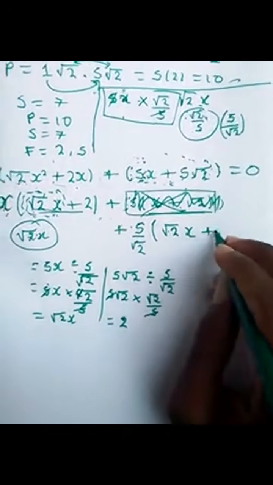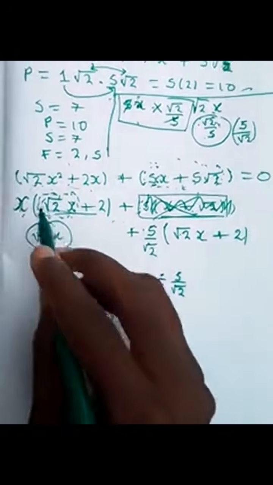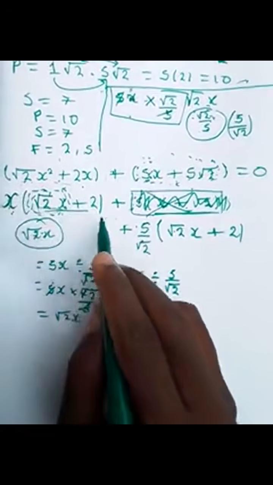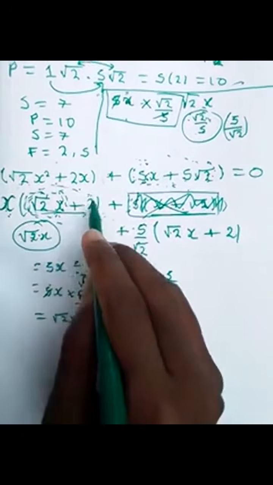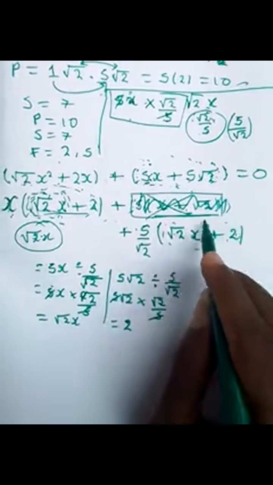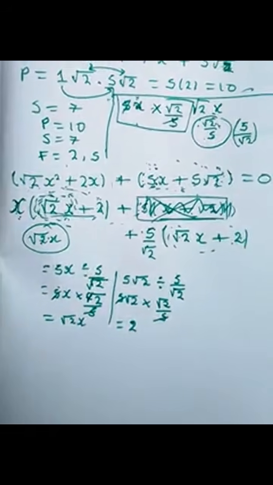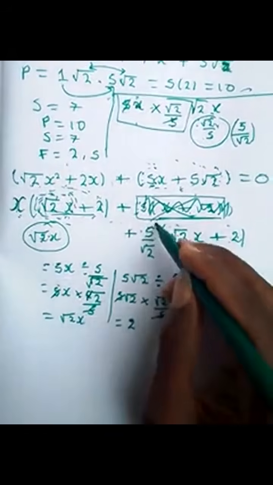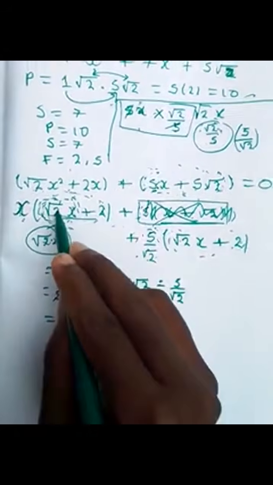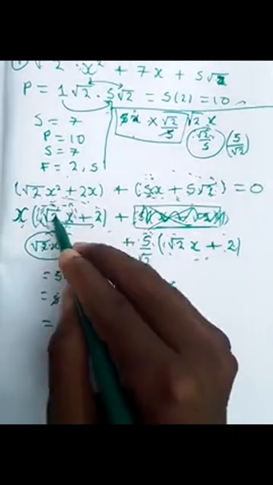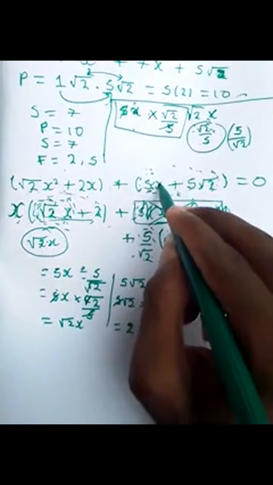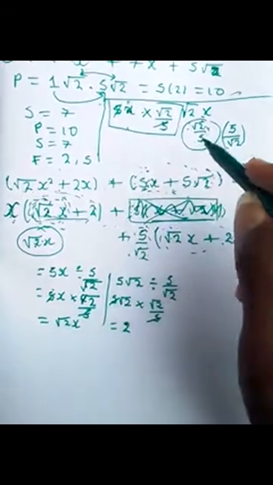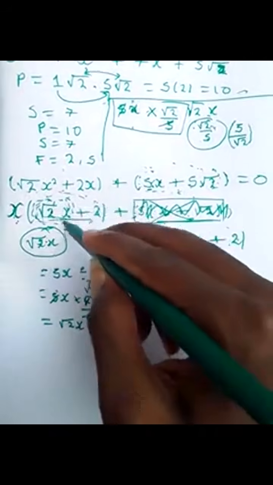So I'm going to say plus 2. Now if you see, with what we had here initially, they are finally having the same thing inside, right? Inside the parentheses. So this is how you approach it. So how do I find this value? I had to use this one. Then I asked myself, what number can I multiply this one so that I can get this thing here?